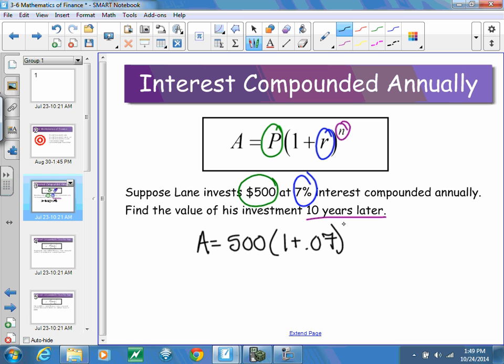And he's going to leave that money in there for 10 years. So what we can do here is calculate how much he's going to end up having, or what that $500 actually turns into after 10 years.